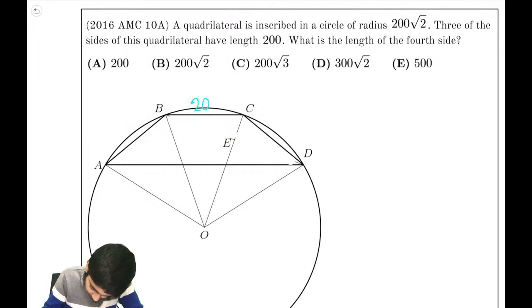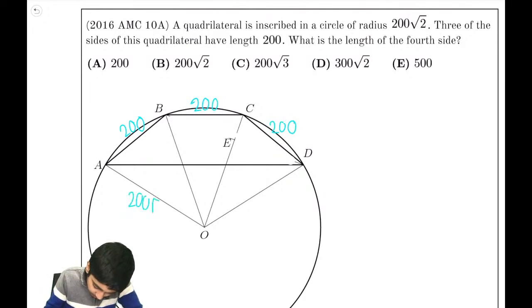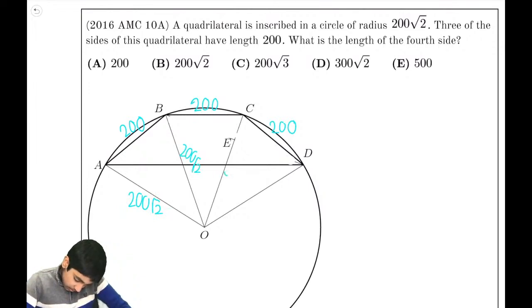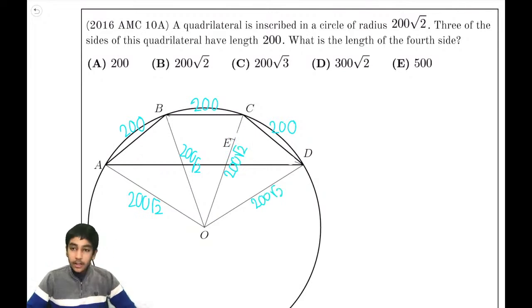Forgot to do this. And we know that each of these radii is going to be 200 root 2, right? These are all radii of the circle.